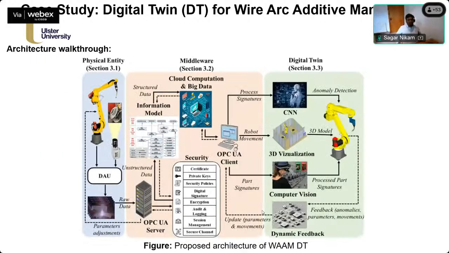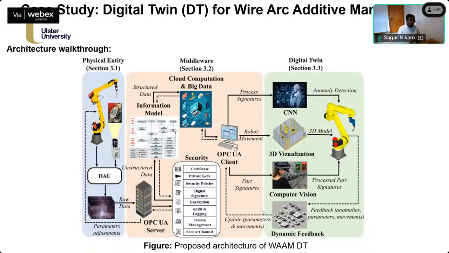Let me walk you through this architecture of the digital twin for WAM. It is an architecture for the WAM digital twin that integrates the physical system, a middleware, and the digital system to achieve real-time monitoring and controlling of the optimization process in a WAM process.